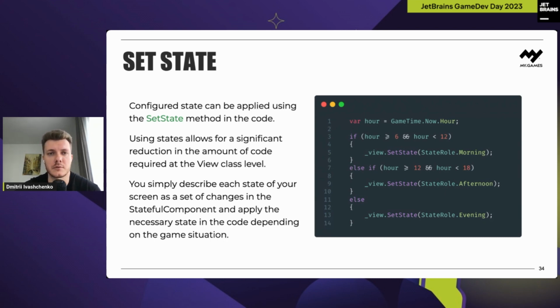We had to wait for compilation every time after adding fields. We often lost the links on the prefabs. But now with customized states, we know exactly what they do, and we can just apply the desired state by its name. In this example, we changed the color scheme depending on the time of the day. It's a small artificial example just for clarity.